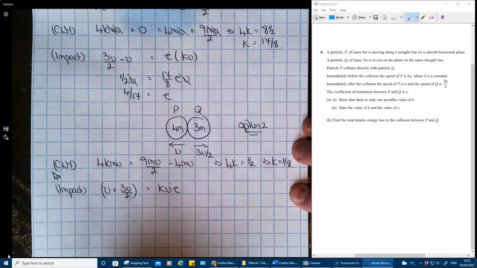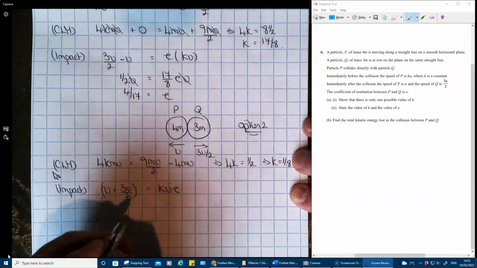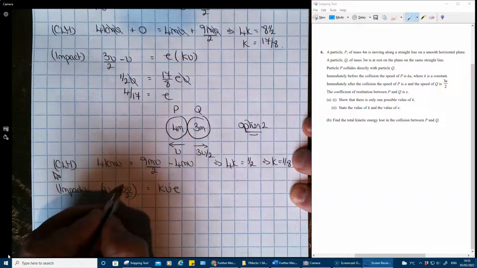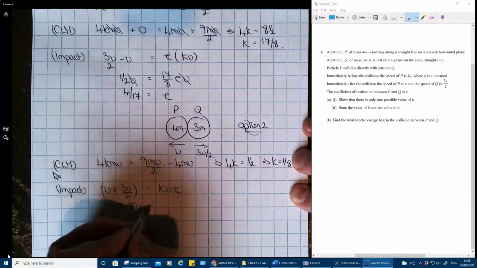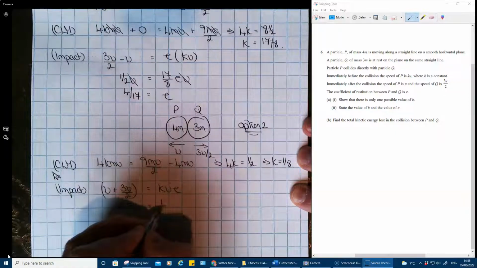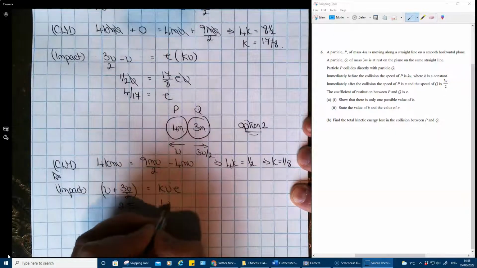Okay, so we know k is 1/8, so this is 1 plus 1.5, this is 2.5u equals 1/8 ue.